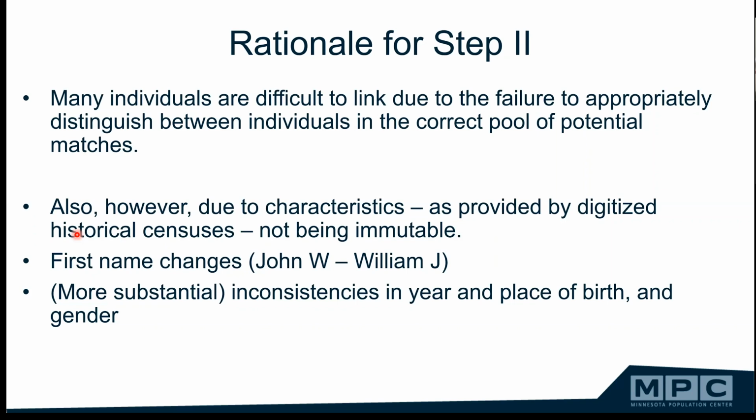In this historical data, it's reasonably common for people to change their first name, or to go from a John W to a William J. These would be cases that are really difficult to link with any typical linking algorithm. There are also quite a few cases with more substantial inconsistencies in, for example, year of birth or place of birth, as well as cases where people's reported gender changes.